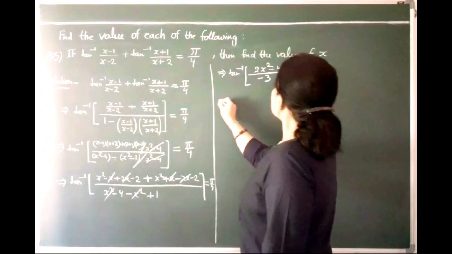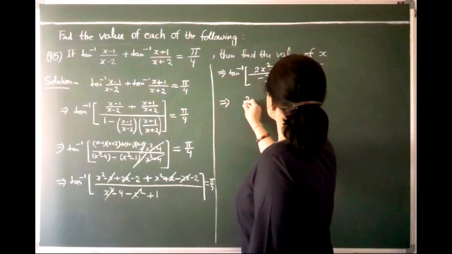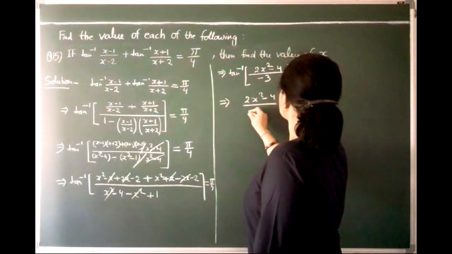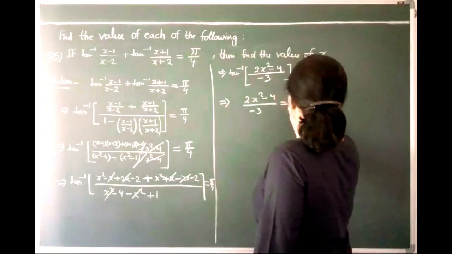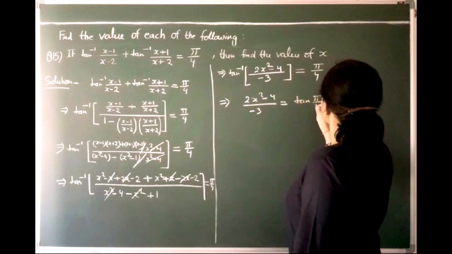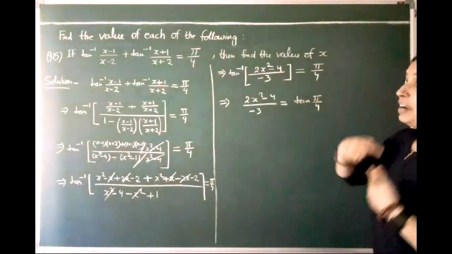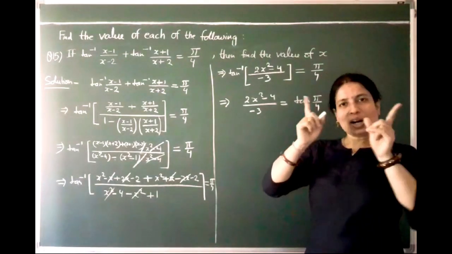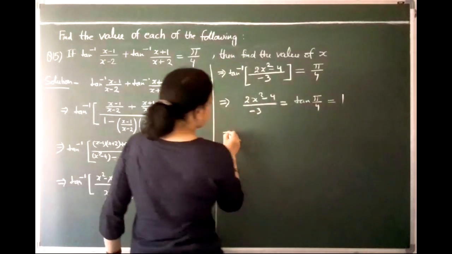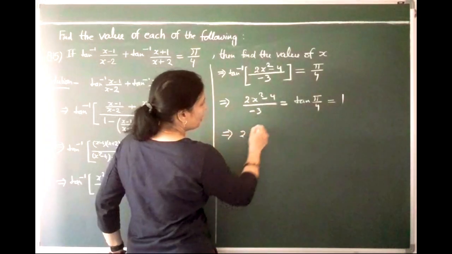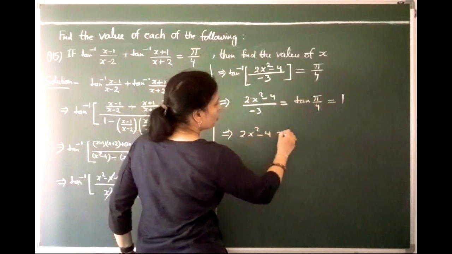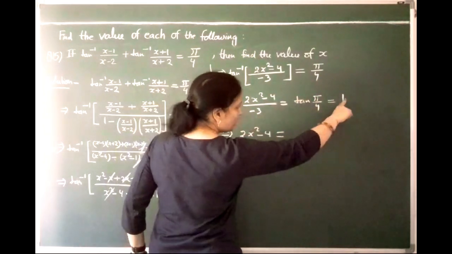Okay. So we can write (2x square minus 4) divided by minus 3 is equal to tan pi by 4. Okay, and the value of tan pi by 4 is 1. So in place of this we can write 1. Now write this, multiply this. So it will be 2x square minus 4 is equal to minus 3 multiplied by 1.